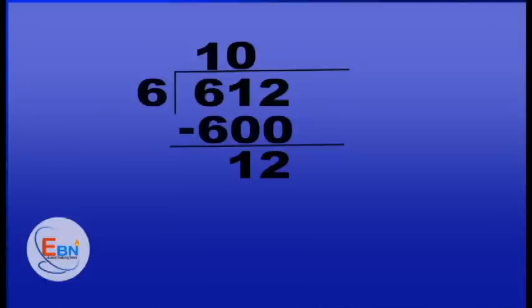Having traded, we shared 12 units equally among 6 groups. Therefore, each group would get 2 units. And we show that there are a total of 12 units shared. 12 from 12 leaves 0.